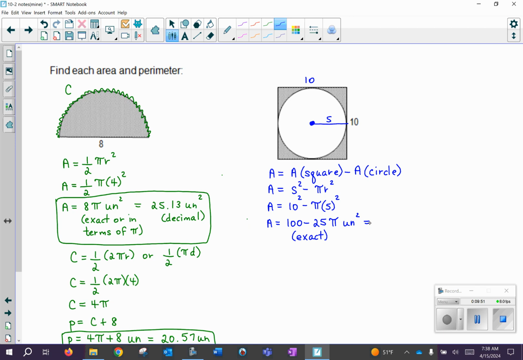Some of you might have to practice and do 25 pi and get that sitting on your calculator first, and then say 100 minus answer. Okay, practice with that answer key that we've talked about. And you should get 21.46 units squared if you round once and once only to the nearest hundredth if I ask you for a decimal answer.